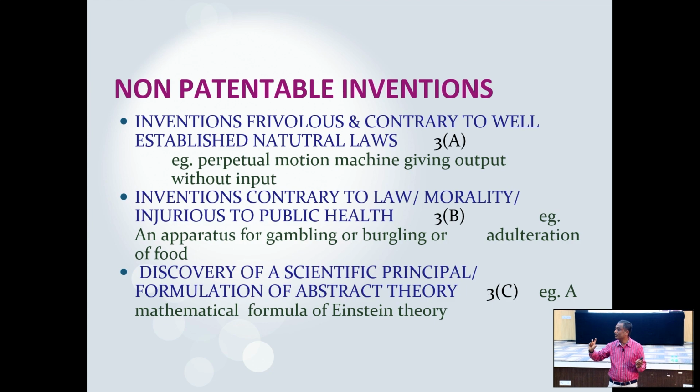He kept a flywheel, a vertical axis flywheel, at the top of the train, on every coach. Initially, to start the engine, he used diesel and the engine started moving. After some time, he stopped the supply of diesel.